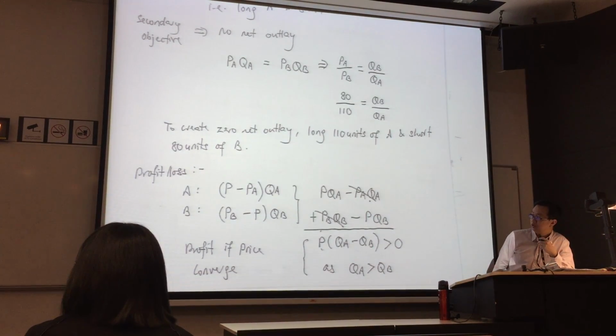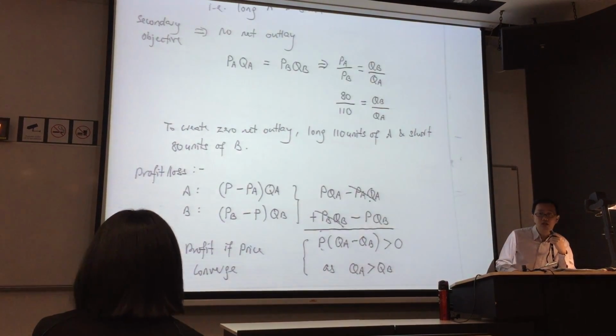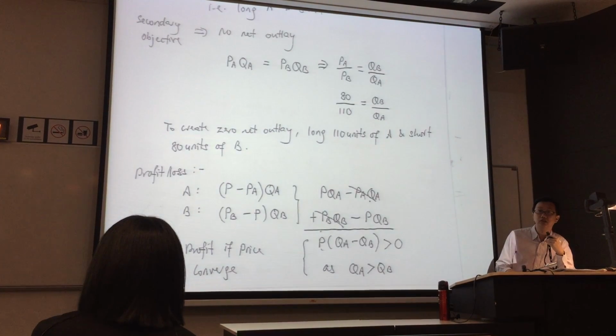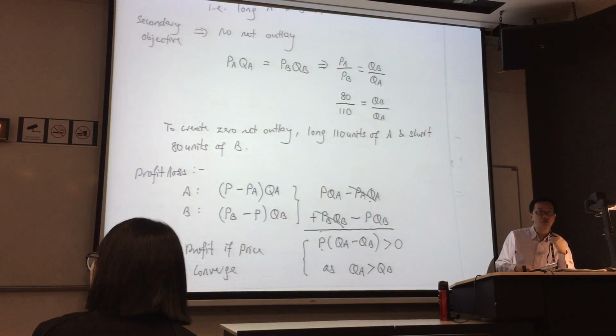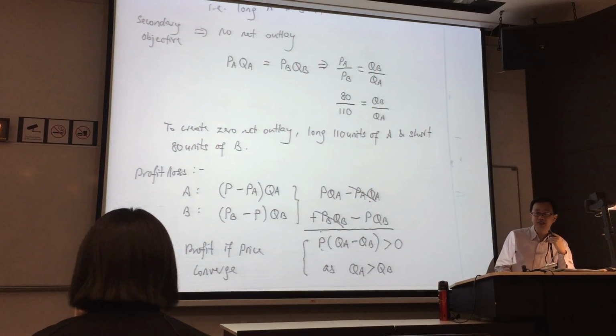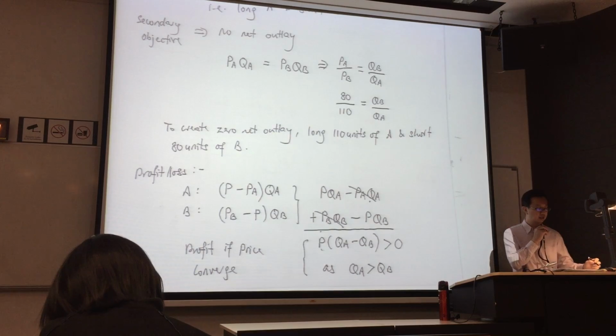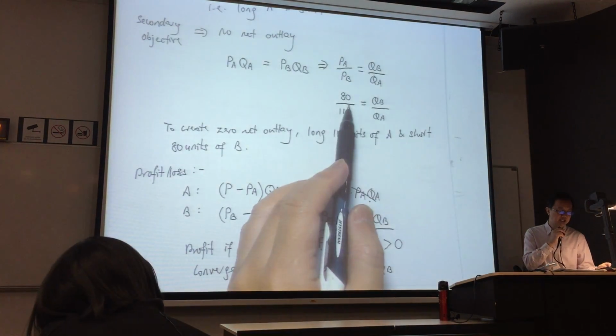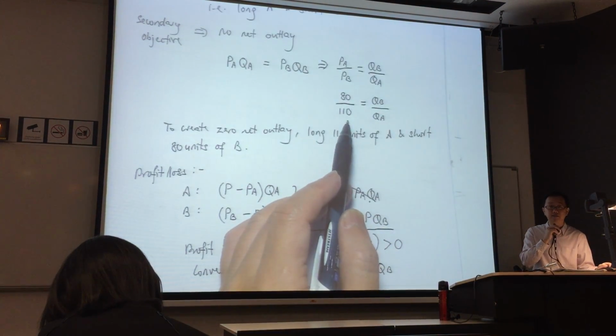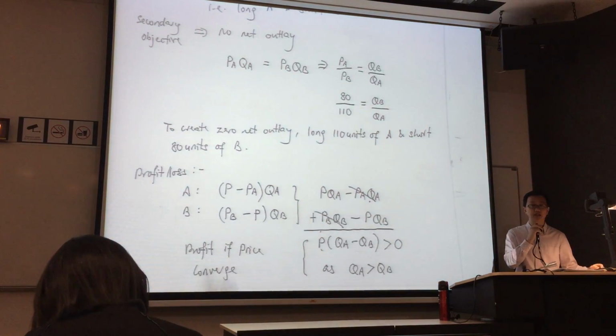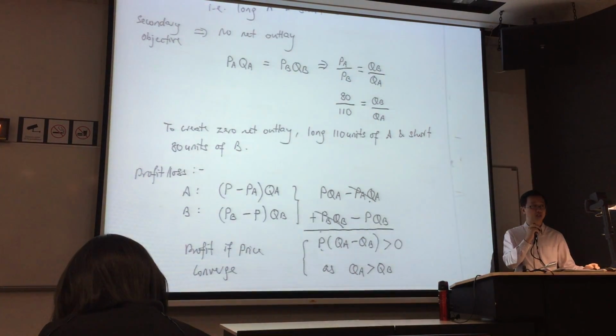Here you need to highlight, for you to bet on convergence, you have to buy the lower price stock and sell the higher price stock. And if you want to create a zero net outlay, then you work out the position in B will be 80 while A is 110. Then you do the last step, which is the profit calculation.